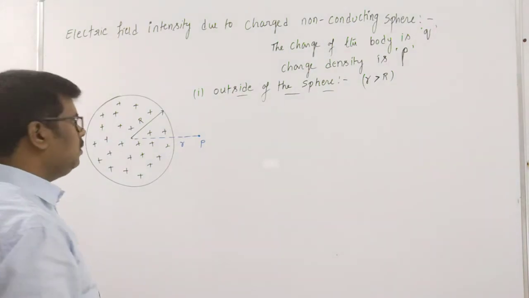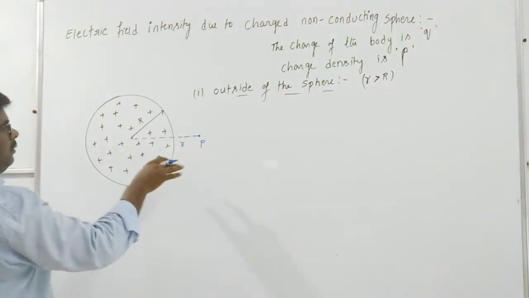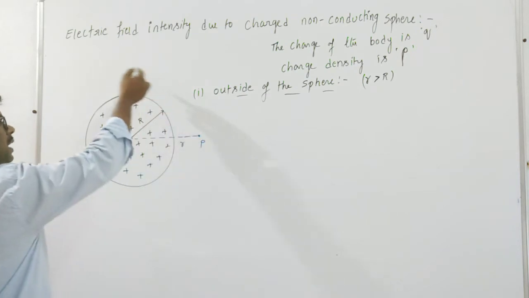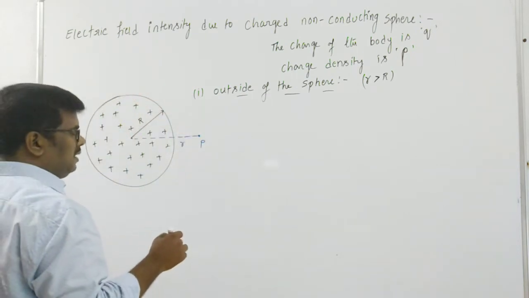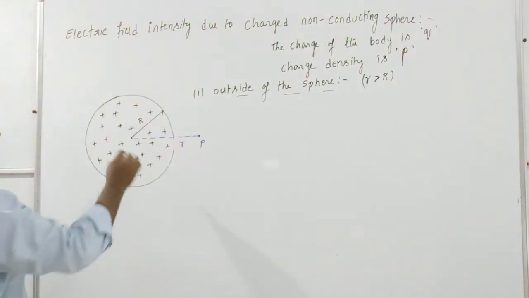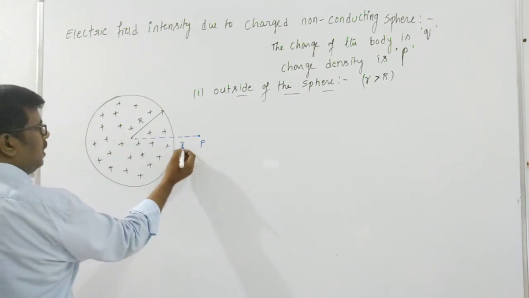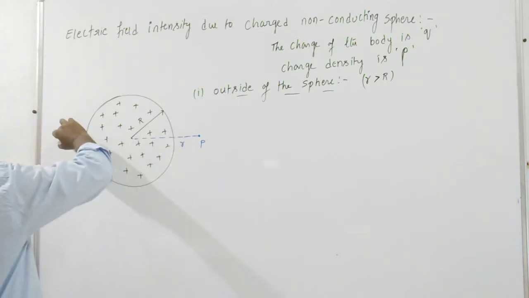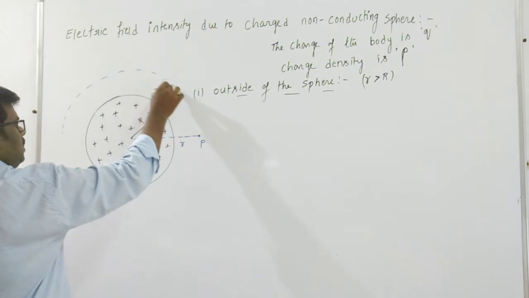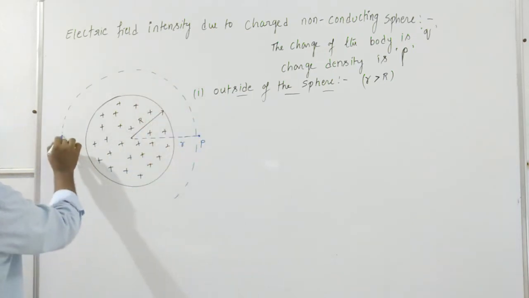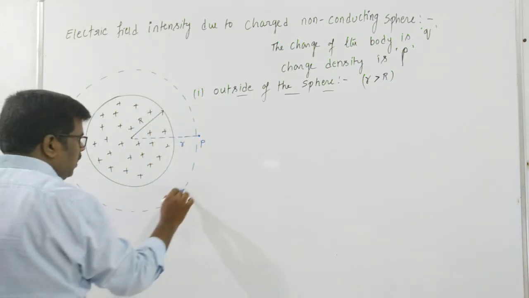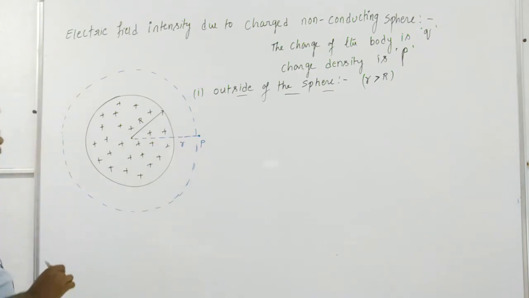So what is the procedure? We know already, we proceed with the same procedure. We have to construct an imaginary Gaussian surface, a Gaussian sphere. I am constructing one Gaussian surface whose radius is r.